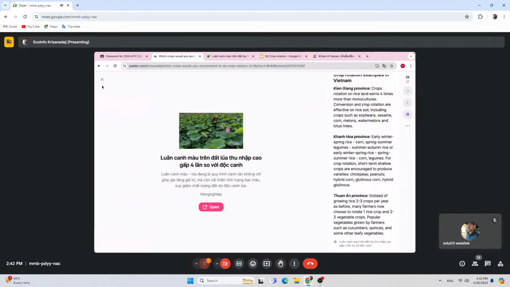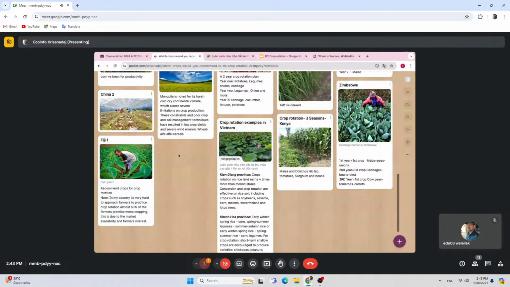It depends on whether there is profit from that or not. So that's why the laws came, I think, five times from 1990 to now. Vietnam has a good practice. That's very good.